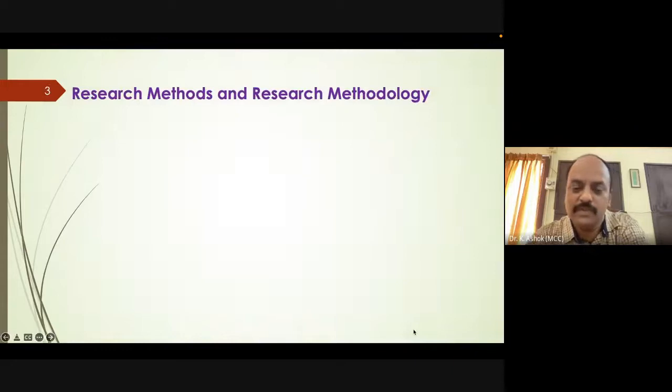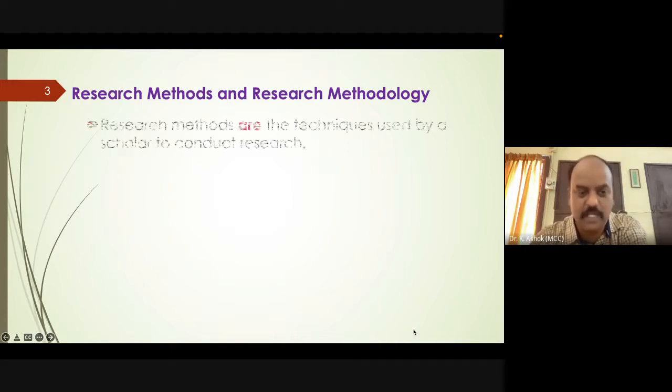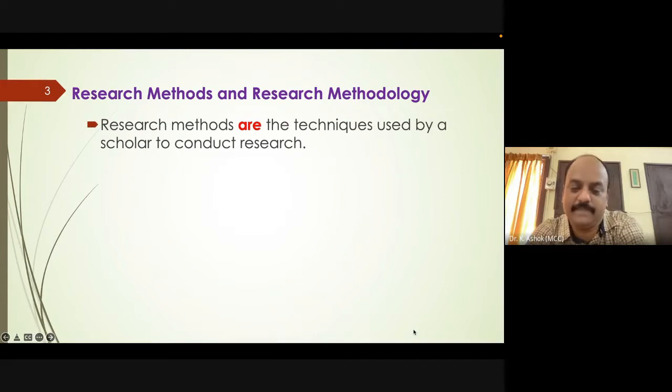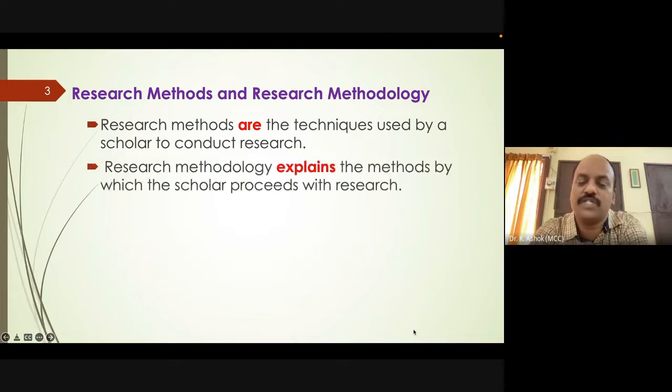Coming to the second basic aspect, we have heard these words, research methods and research methodology. What is research method? Research methods are techniques used by scholars to conduct research. I repeat, research methods are techniques used by scholars to conduct research, whereas research methodology explains the method by which a scholar proceeds with the research.